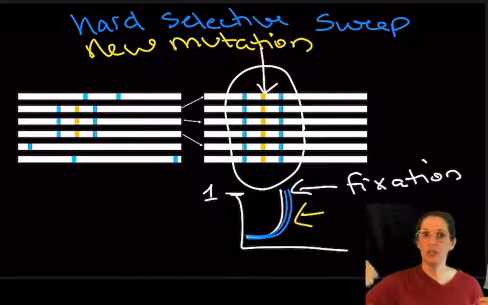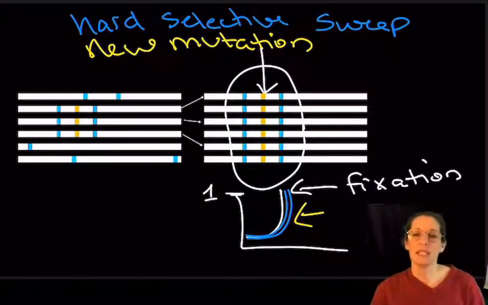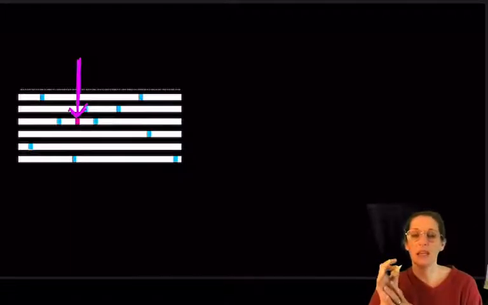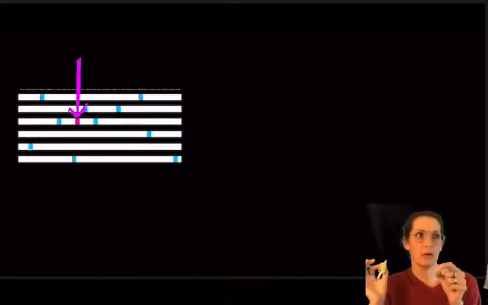So we talked about how we can get a new mutation, but the other option is that we can have an environmental change. Okay, so in this image, I've just changed the color to indicate we're talking about something different. In this case, even the little rectangle that's a different color is a neutral mutation at this point.